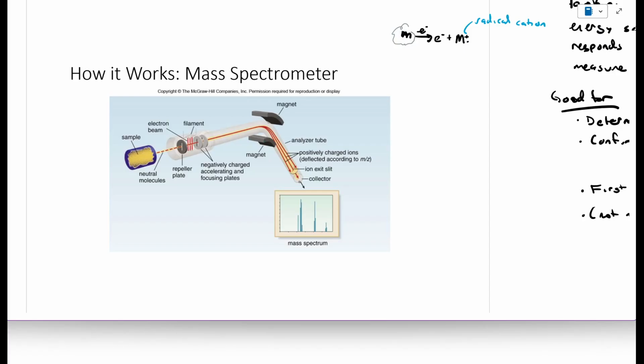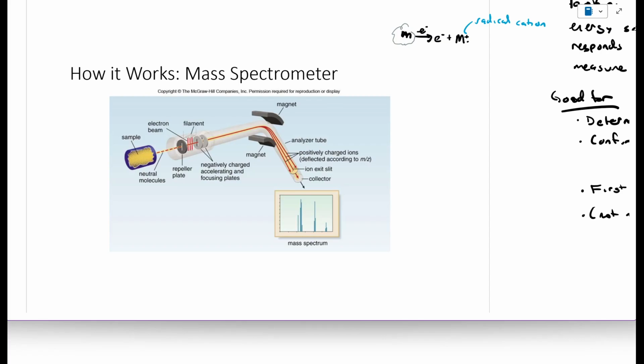First the very light cations will get detected, and then over time the very heavy cations will get detected, and you can use that to measure all of the masses of interest in the same run, in the same analysis. We don't need a separate mass spec for every mass. We can sweep through the magnet field strength and detect all masses at the same time.